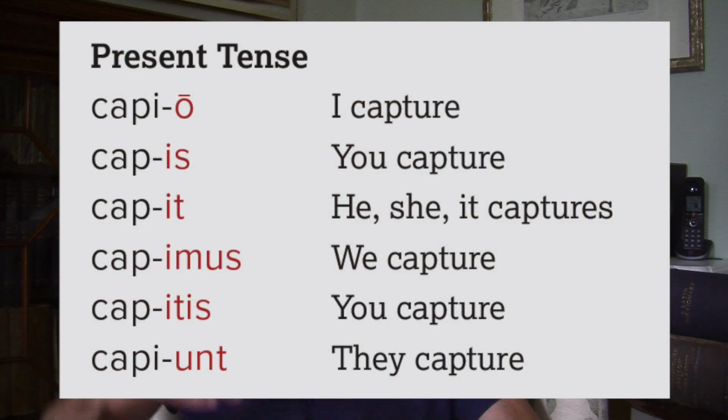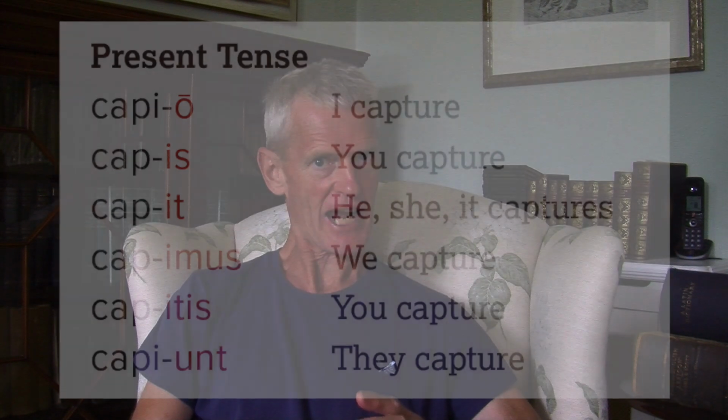That long i you don't get in the mixed conjugation. But then the third person plural is that iunt that we saw in audiunt. Okay, so the present tense of a mixed conjugation verb looks as if it's going like audio, sounds more as if it's going like rego, apart from the third person plural.